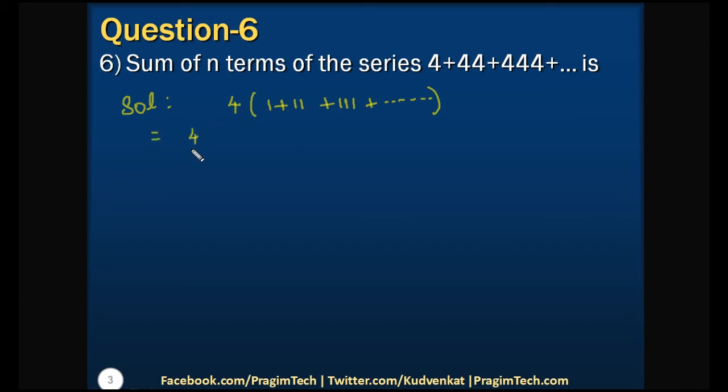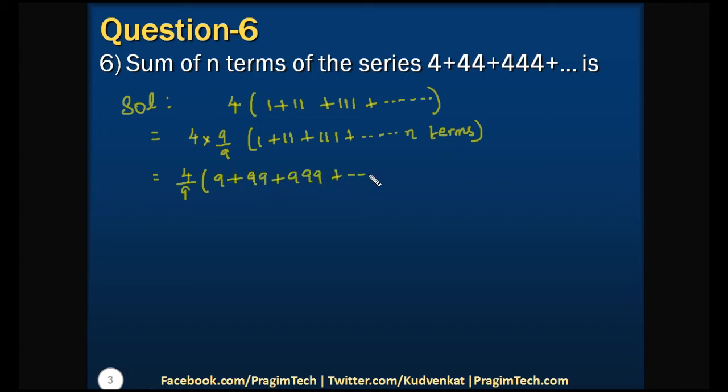So it will be 4 into 9 by 9 into 1 plus 11 plus 111 and so on up to n terms. Now we can write this as 4 by 9 into, I'll multiply 9 with all these terms, so it will be 9 plus 99 plus 999 and so on up to n terms.